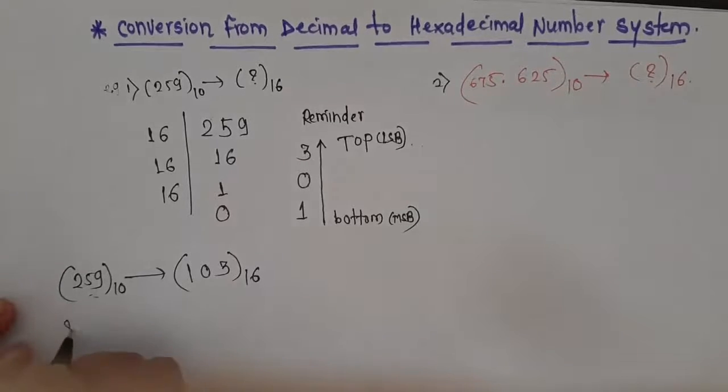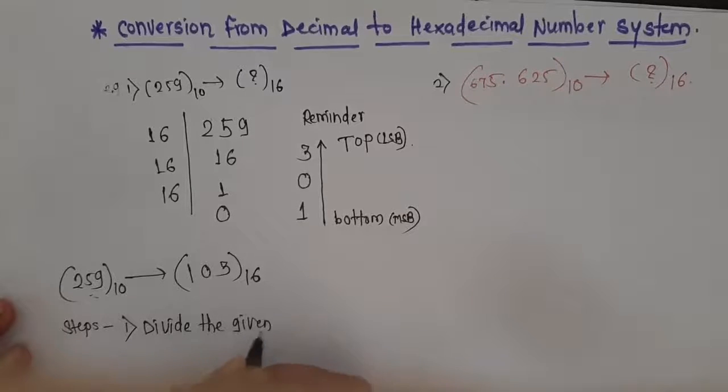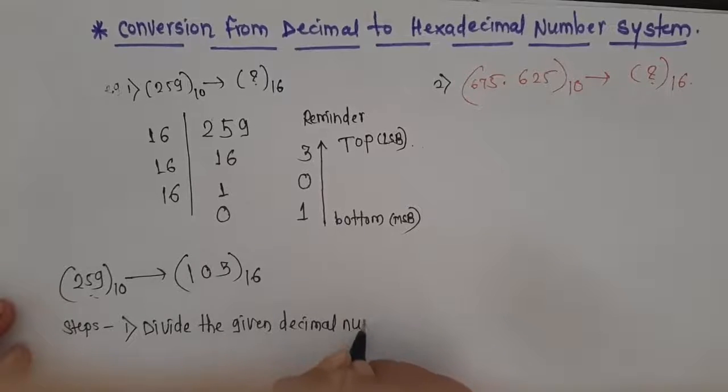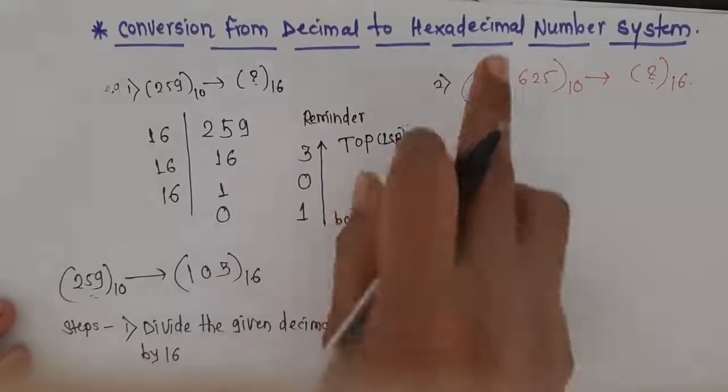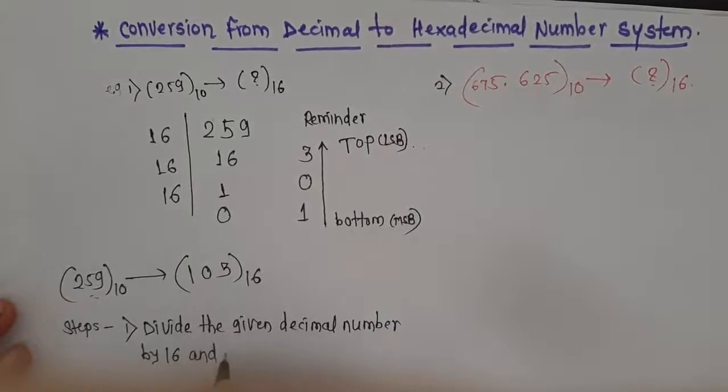So what are the steps? The steps are the same. Divide the given decimal number by 16, that is the base of the hexadecimal number system, and note down the remainder.